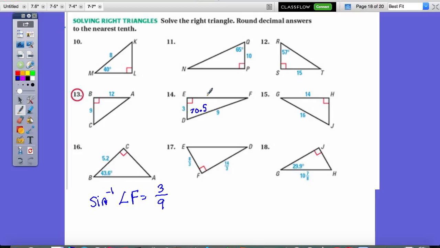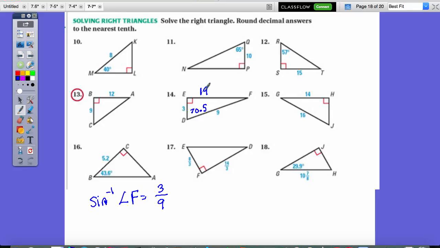Remember that if you have the two non-right angles in the triangle, the sine of one is going to be the cosine of the other. So 0.3333, sine inverse, is 19.469.